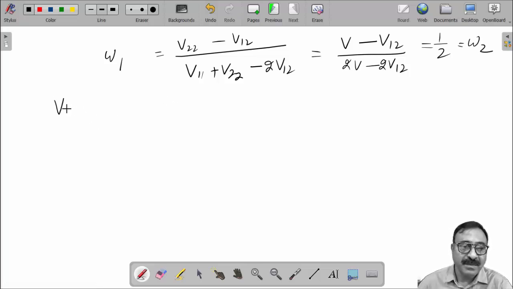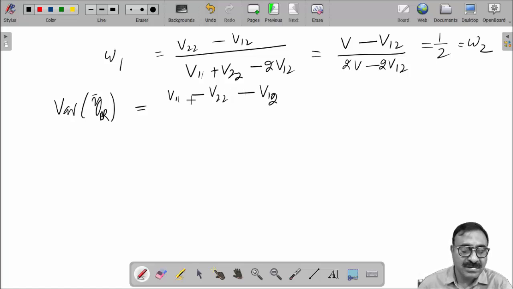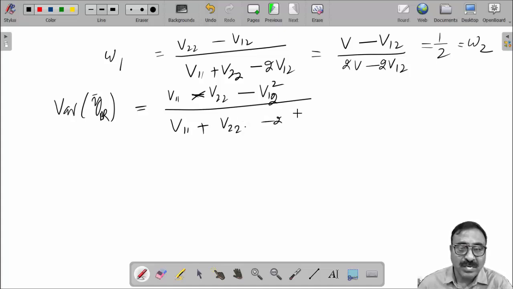So now the variance of the bivariate ratio estimator YBR bar is equal to V11 V22 minus V12 square divided by V11 plus V22 minus 2V12.